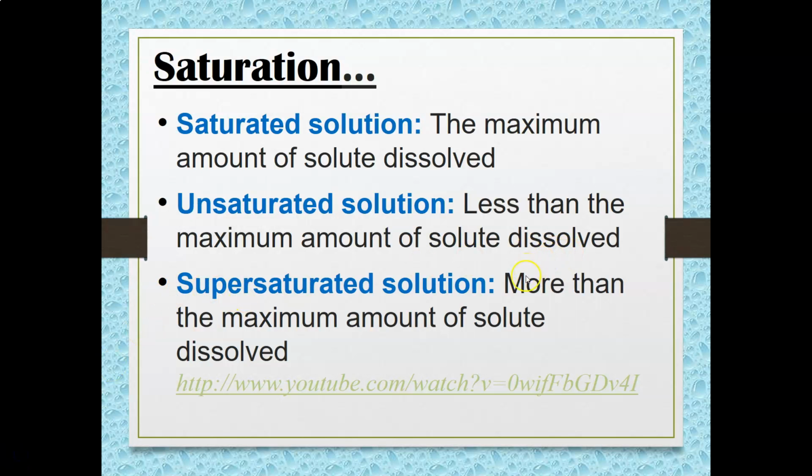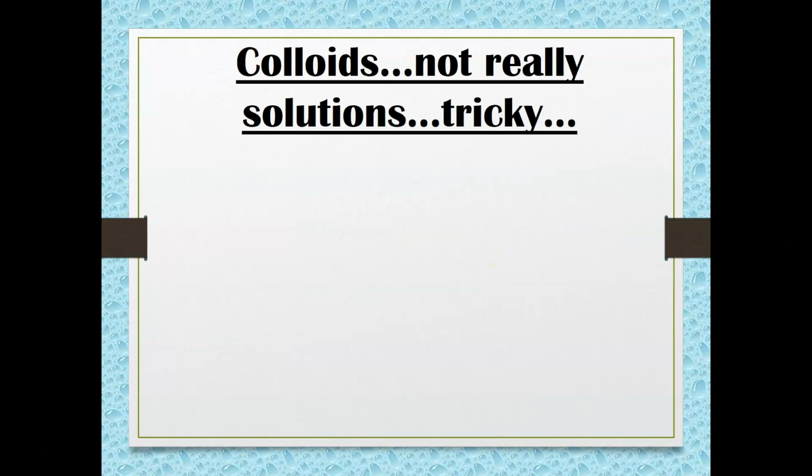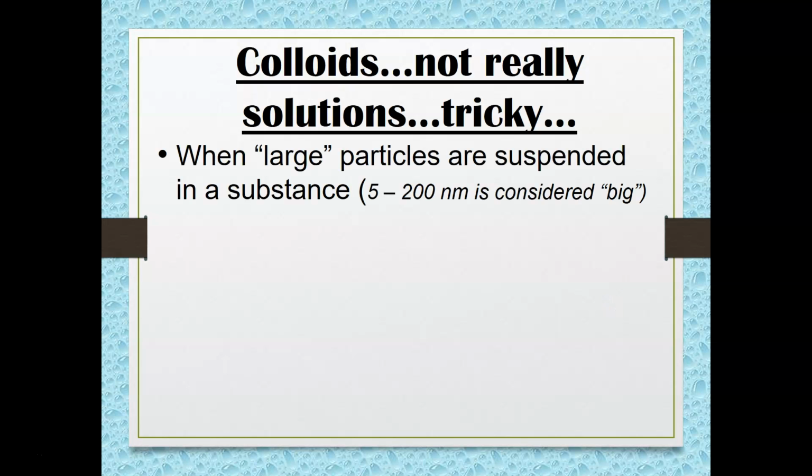All right, so next let's talk about something called colloids. Colloids are not really solutions. It's a little bit tricky because it has to do with the size of the particle. A solution can't have particles that are too big. So if the particles, the solute, are too big, then it's called a colloid.